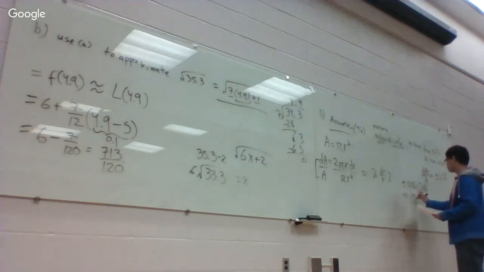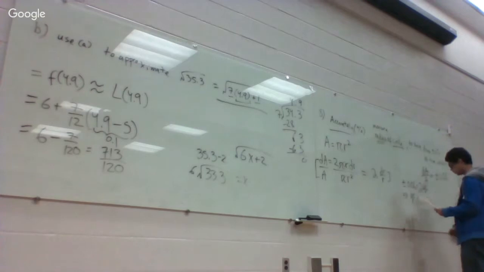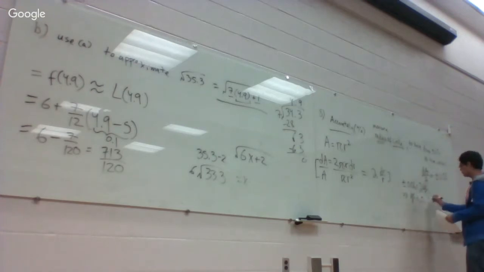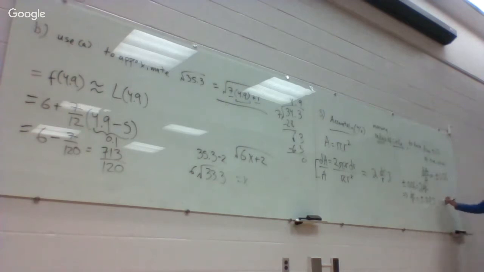Therefore, dr over r is equal to plus or minus 0.03, which is within 3%. I think you should probably just put accuracy 3% or something like that, or show that you multiply this by 100 equal to 3%.